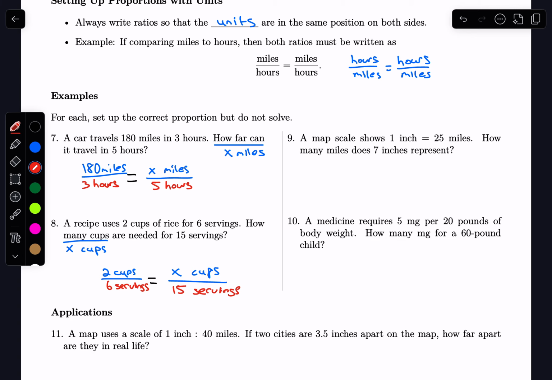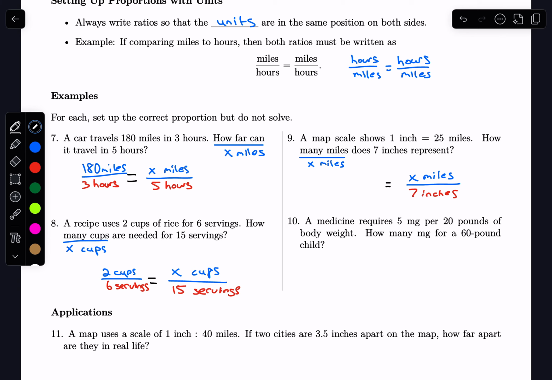Number 9, a map scale shows 1 inch equals 25 miles. How many miles does 7 inches represent? So I'm trying to solve for x miles here. So when I write my proportion, I want x miles on top. That's what I'm going to find. And it's corresponding with 7 inches on this map. So I just need to set this equal to a ratio that has miles on top and inches on bottom.